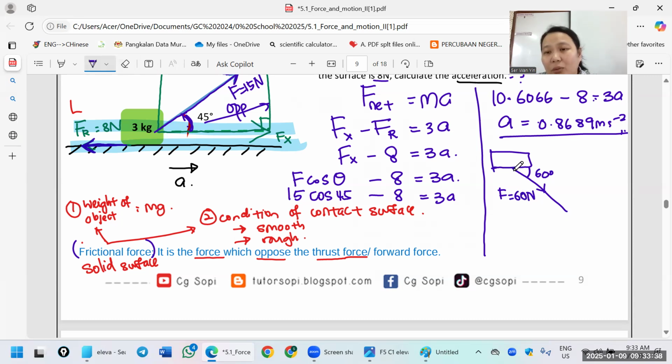Can I know what is the force that makes it move in the horizontal direction? If the frictional force is 1 Newton, may I know what is the acceleration, if the frictional force is 1 Newton.